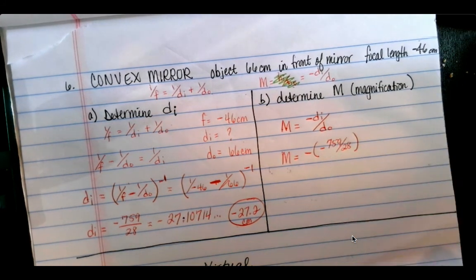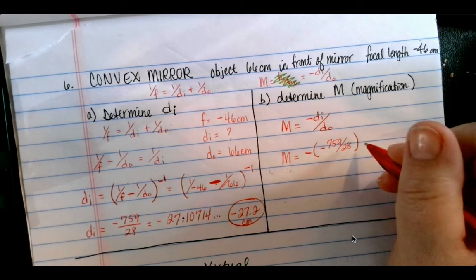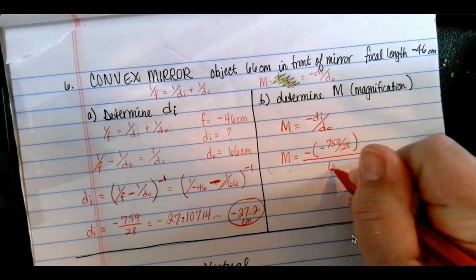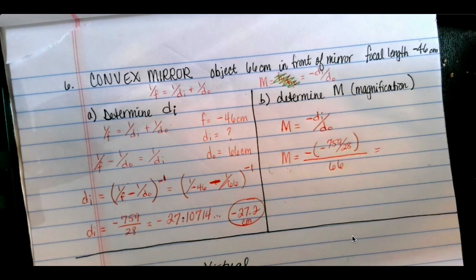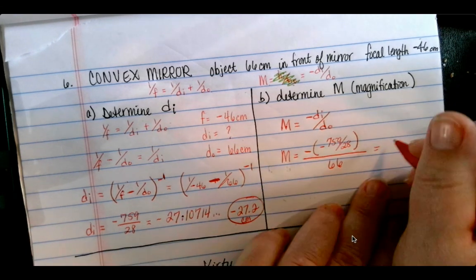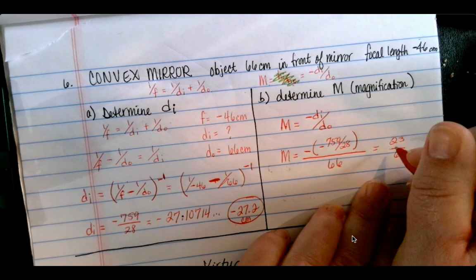And why am I using the fraction? Because the fraction is the whole number. It has every digit in it. And I'm feeling like doing that. And then divide that whole thing by positive 66. So I'm going to take negative of my original answer and divide it by 66. And that leads me to 23 over 56.